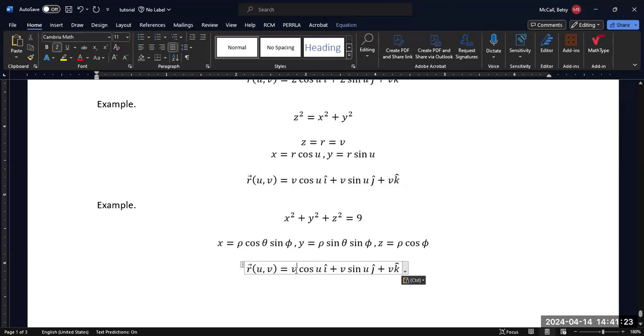We're going to end up with 3 cosine u sine v. And we're going to end up with 3 sine u sine v. And then we're going to end up with 3 cosine v.